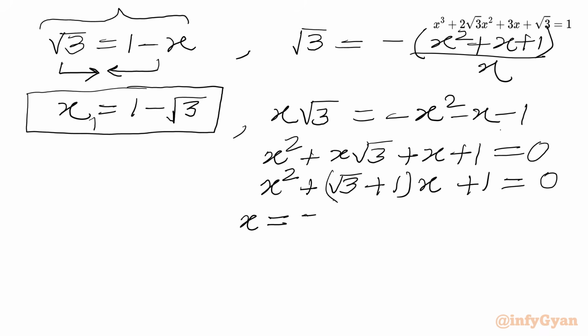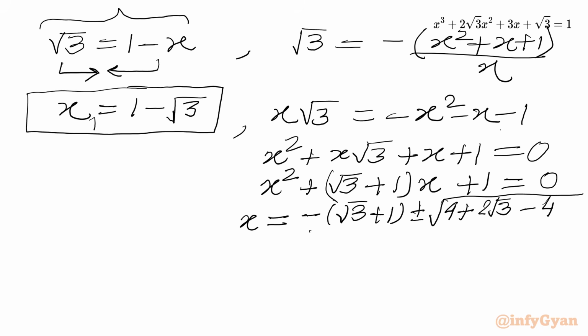x will be minus b, so minus root 3 plus 1, plus minus square root of root 3 plus 1 whole square, which will be 3 plus 1, it is 4 plus 2 root 3, minus 4ac, minus 4 times 1 times 1, minus 4, over 2 times 1, so 2. Now plus 4 and minus 4 will be over.